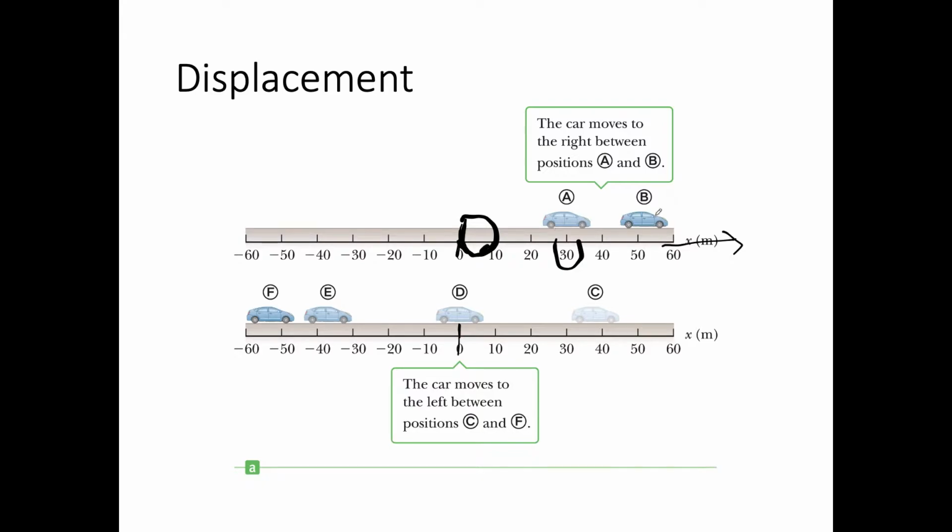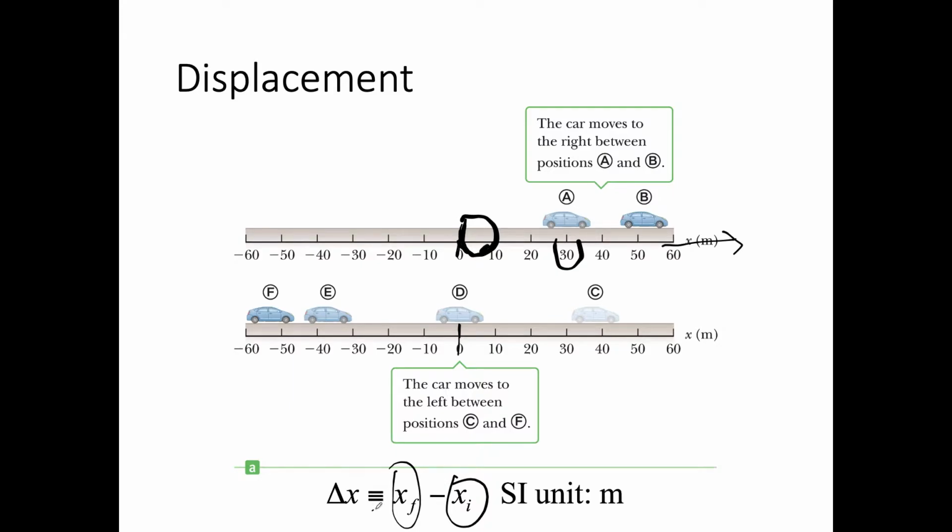Then the car moves from A to B, and then to C, D, E, and F. Then what will be the displacement? Displacement is defined as final position minus initial position.